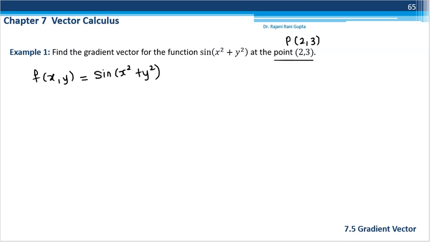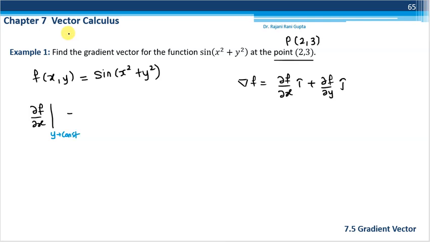Now we know that the gradient of f needs the partial derivative of f with respect to both variables, with respect to x and with respect to y. So, given this function, let's differentiate it with respect to x. As we studied in partial derivatives, when we are differentiating with respect to x, we consider y as a constant.